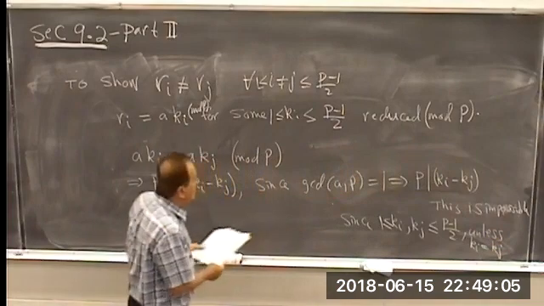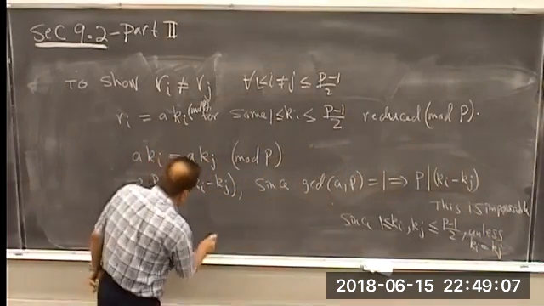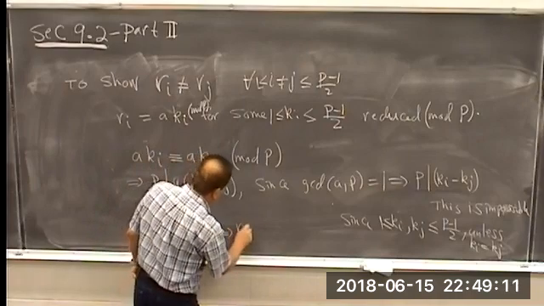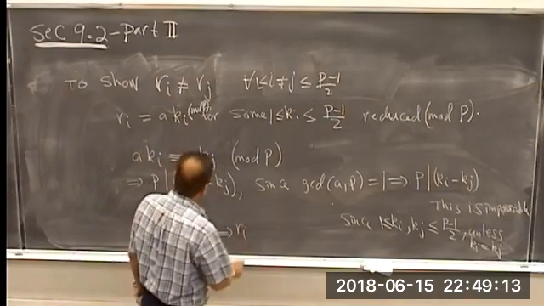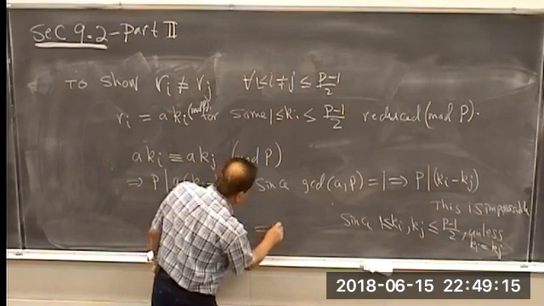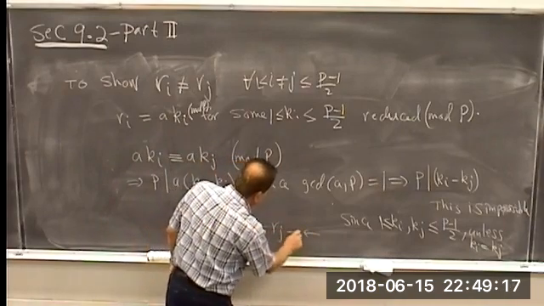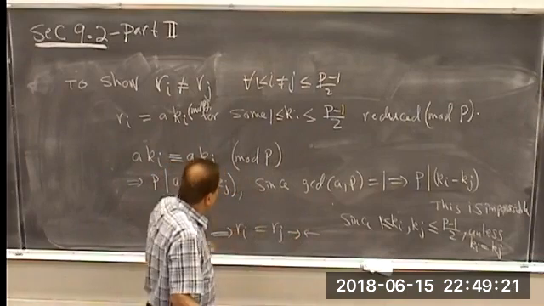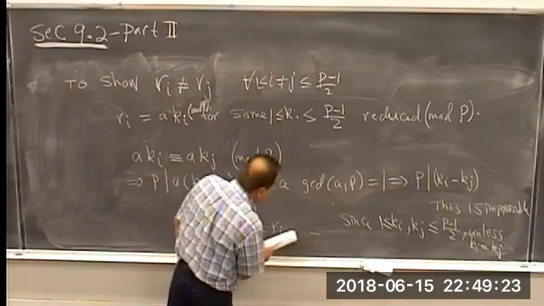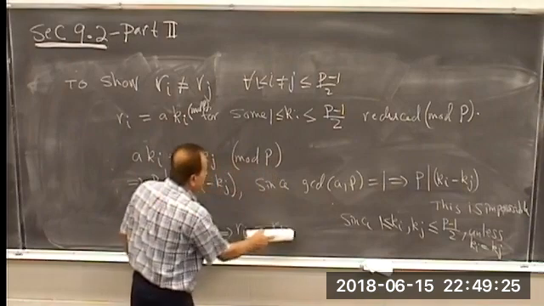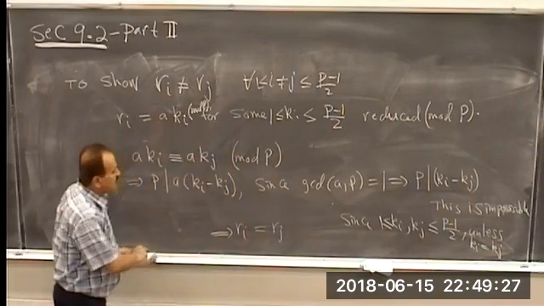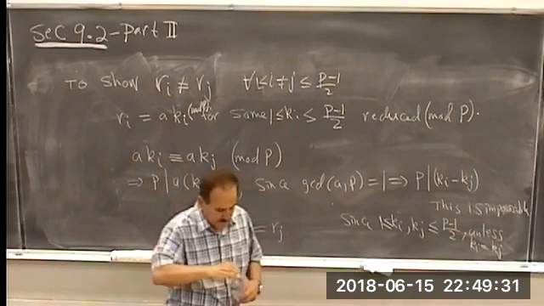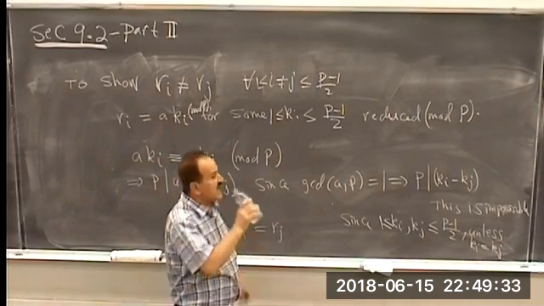But again, this implies that r sub i is going to equal r sub j, which is a contradiction. So they cannot be not equal to each other. Similarly, we can do it for the p minus s sub i.